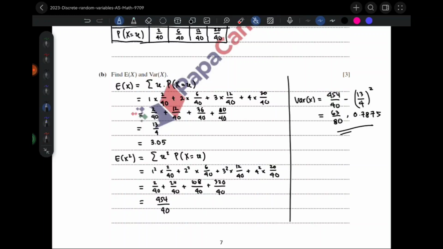So this is your answer, and the value of the variance must be positive. Yeah, if your answer is negative, that means your answer is wrong.